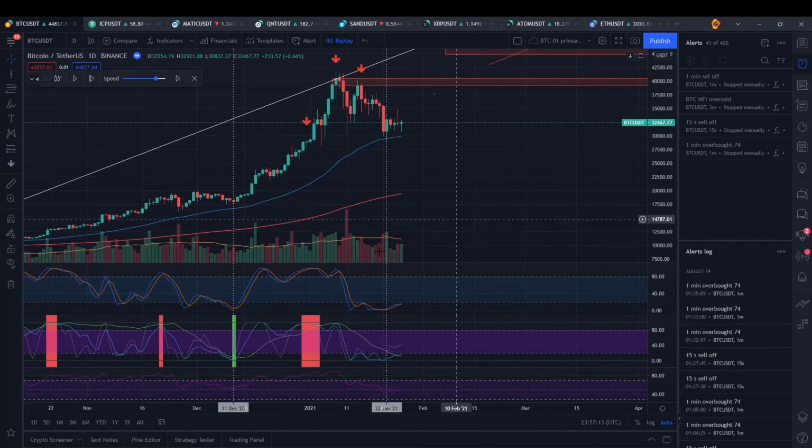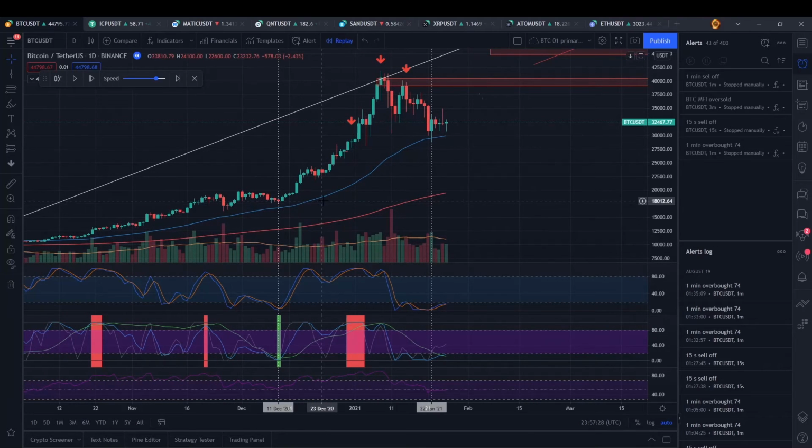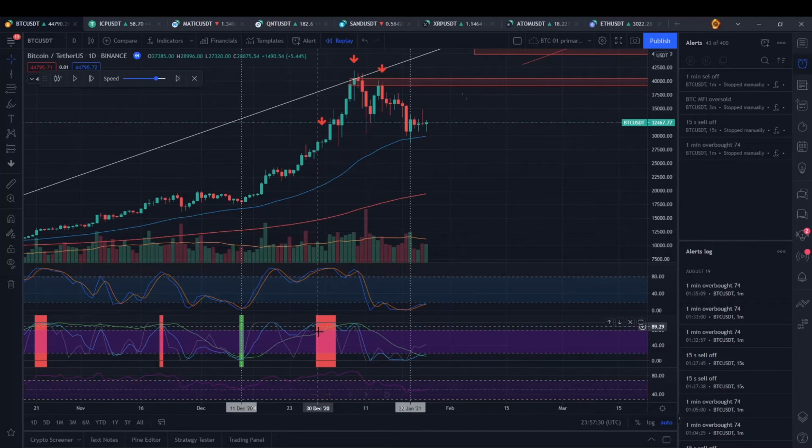So again, picture these three stochastic RSIs. The green one is the slowest one, the blue one is the normal one, and the gray one is the faster one. Try to understand that usually when you have a red highlight or they're all pulling upwards, you will have the biggest moves upwards, but you will never be able to catch them and enter while they are happening, because they can simply be the top as well.